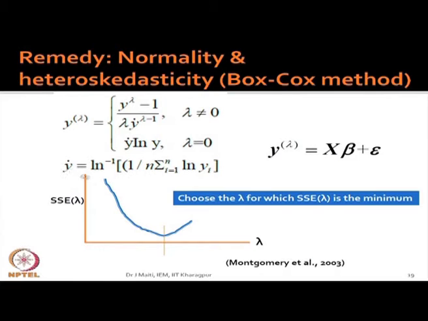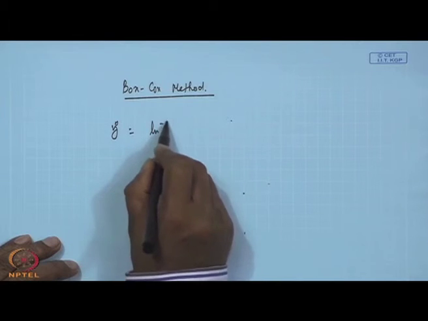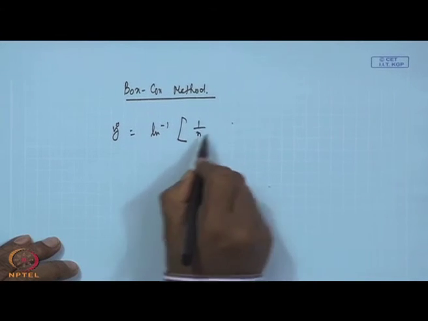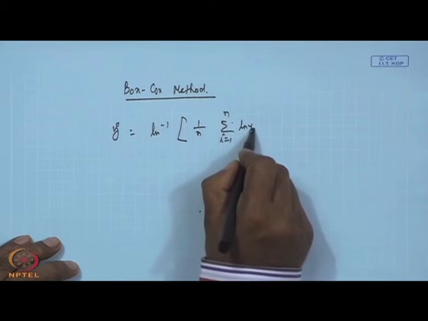So, y dot is log inverse of 1 by n times the sum of the logs.